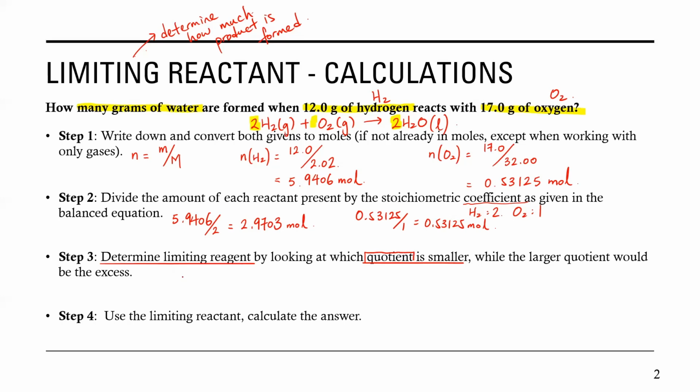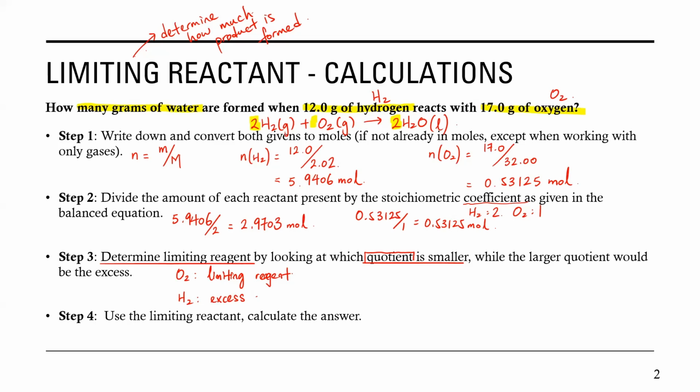So in this case, O2 is the limiting reagent, while H2 is the excess. Which means oxygen is going to determine the amount of water that's formed.